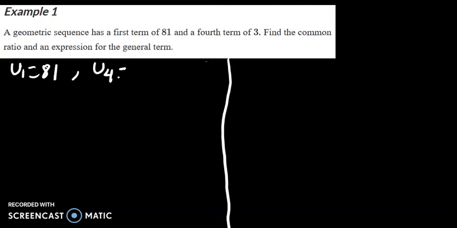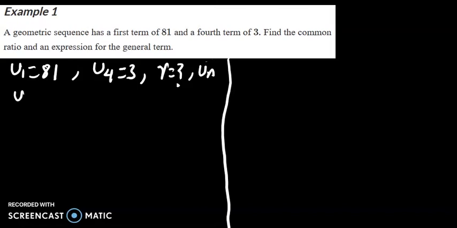Let's go to the first example. It says a geometric sequence has a first term of 81, so u1 is given as 81, and a fourth term of 3. Find the common ratio, and un, the general term.